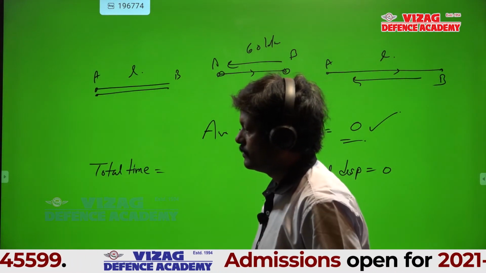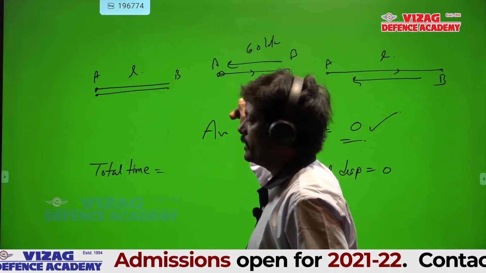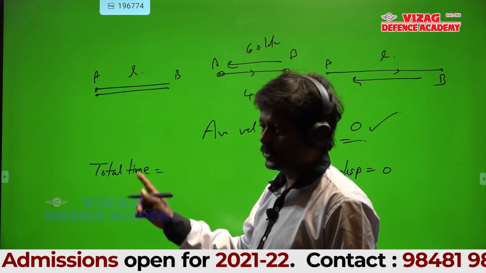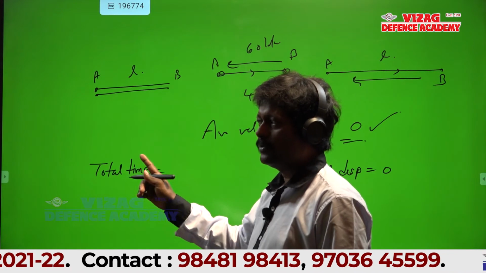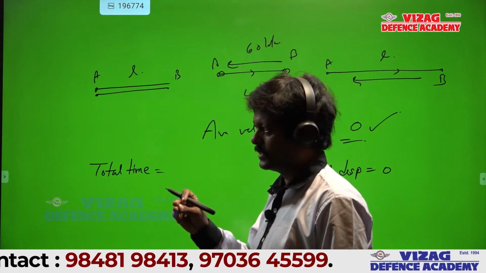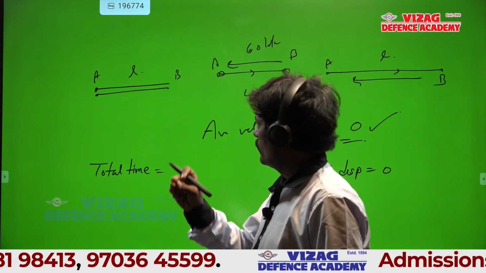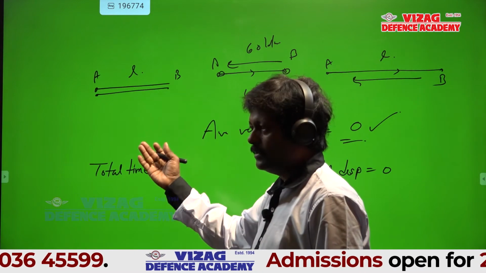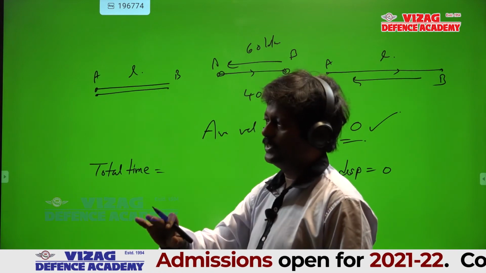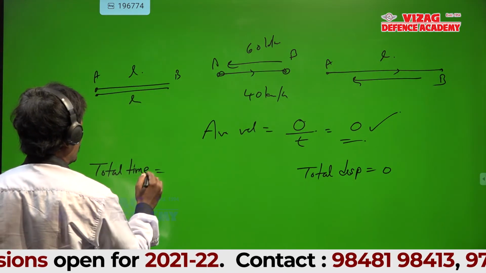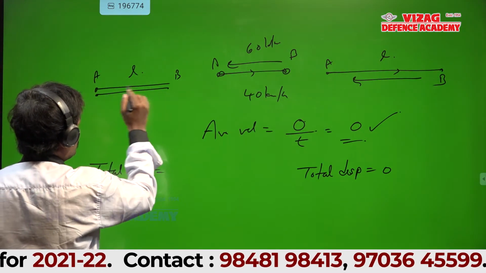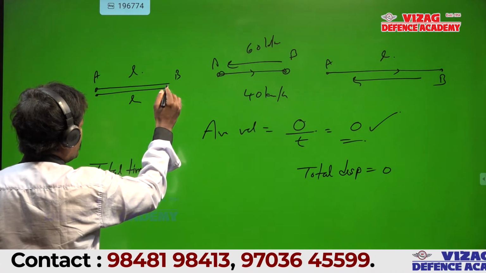From A to B, L, B to A also L only. Same distance. Now total time, if you want, time is nothing but distance by speed.